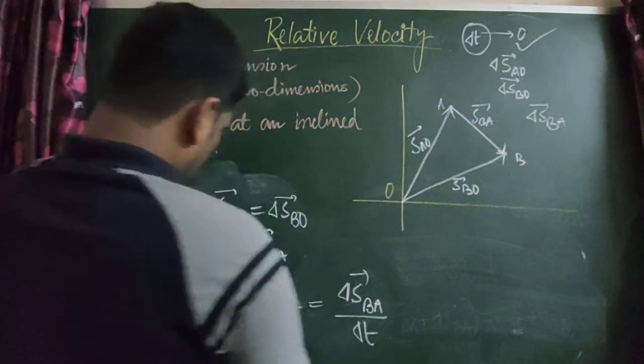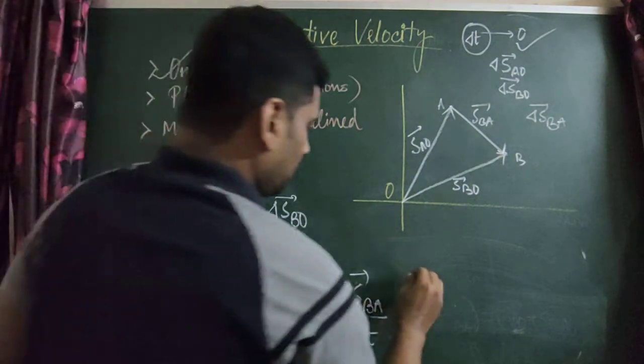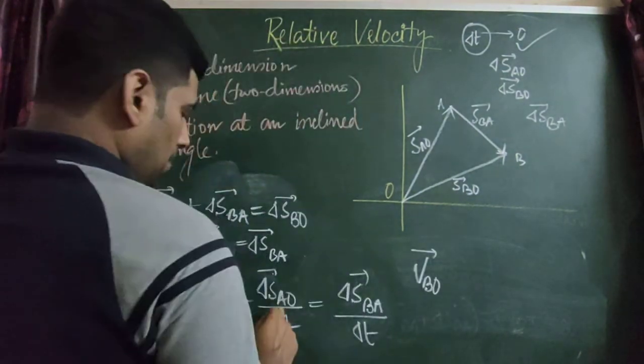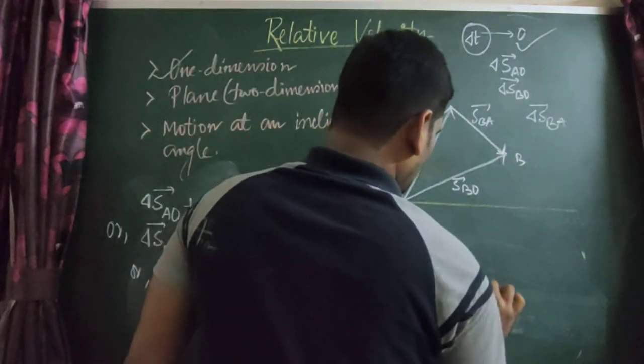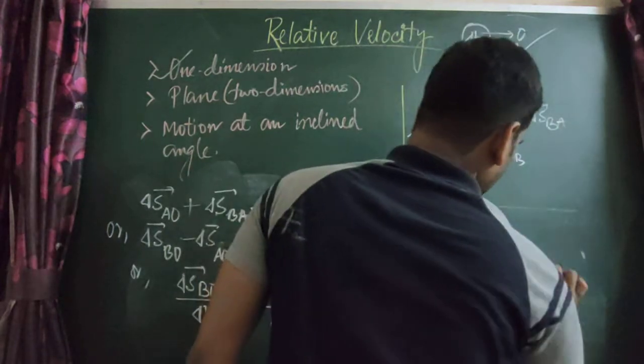S by T means velocity, so I can write it as VBO minus VAO, which will be equal to VBA.